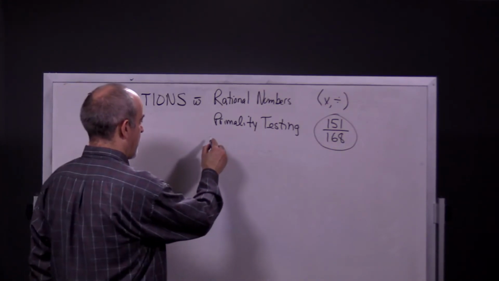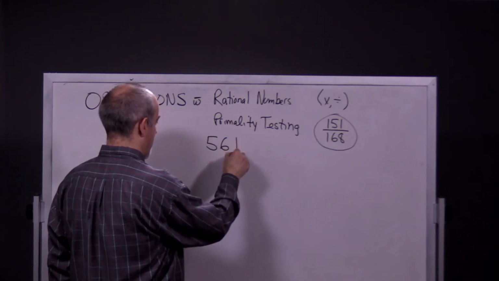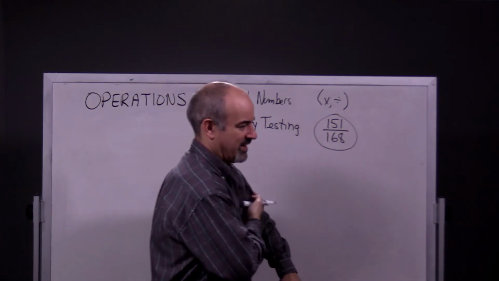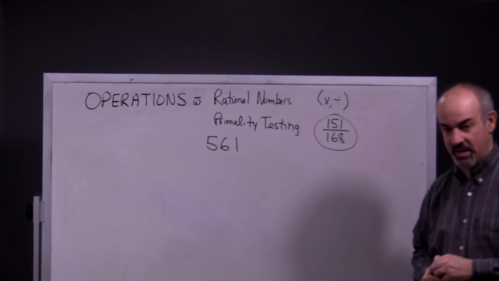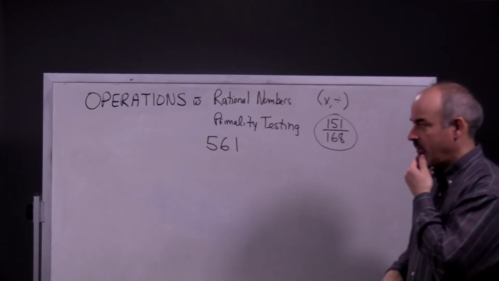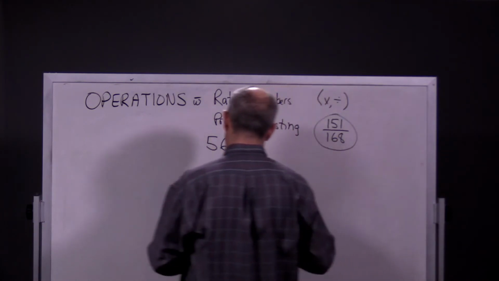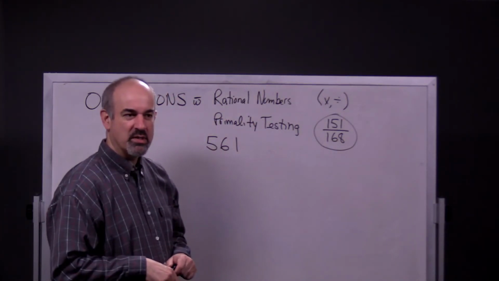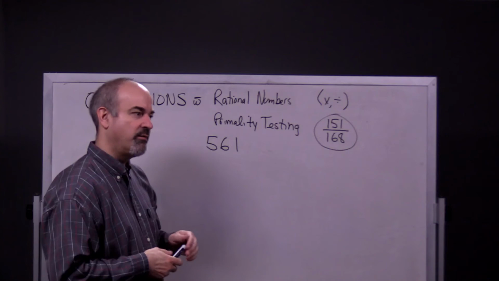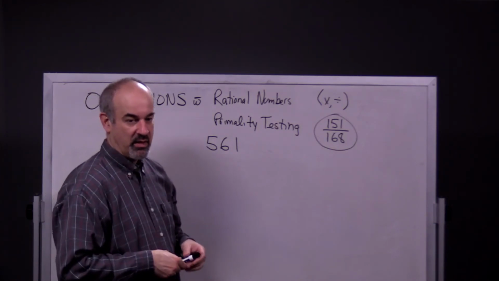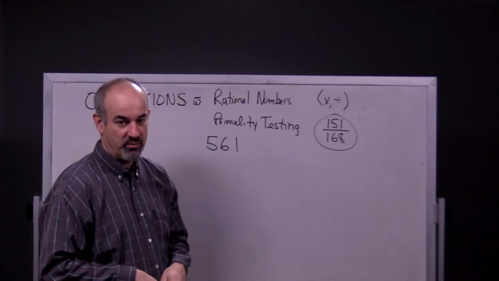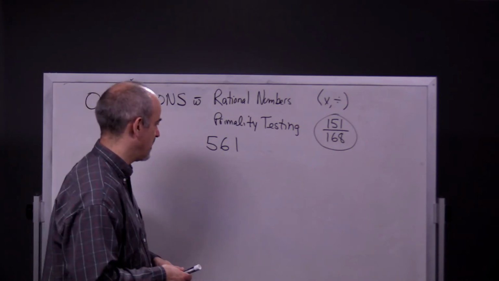All right, so 561 is a common number. I don't want to say it looks prime because it's pretty obvious it's not prime. But are we going to do the same thing we just did, where I figure out the square root of it? I don't think we are. I think I have an easier way to do it. The digits add up to 12, which means 3 goes into this number.